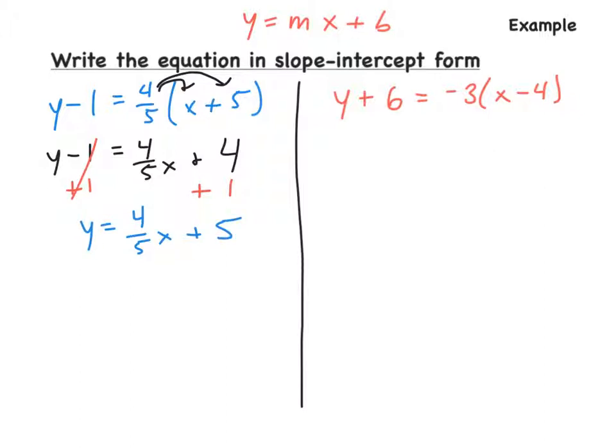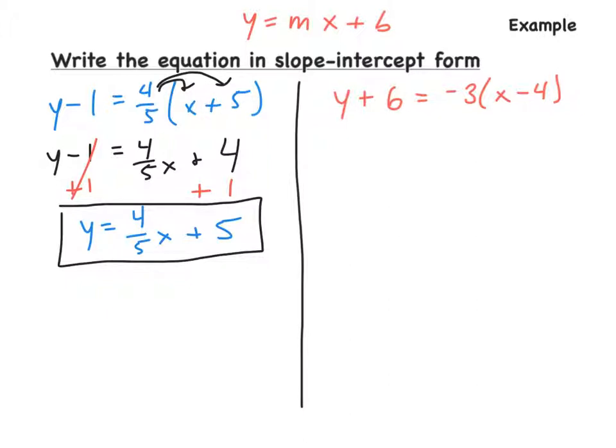Now, we have our y by itself. We have our mx, 4/5 x. Then we have our b, which is our y-intercept. So this, right here, y is equal to 4/5 x plus 5 is the equation in slope-intercept form.